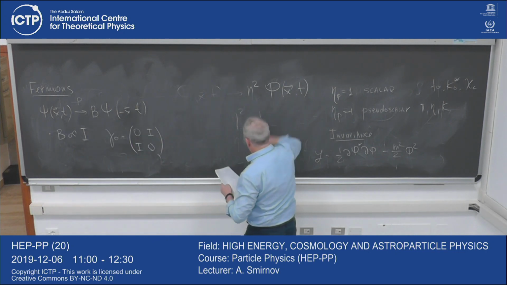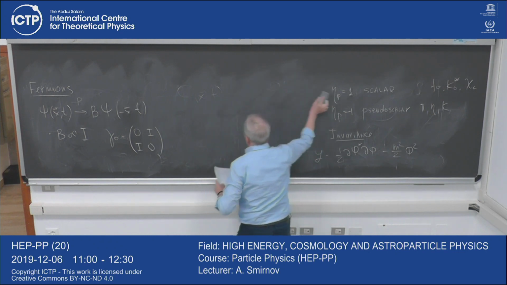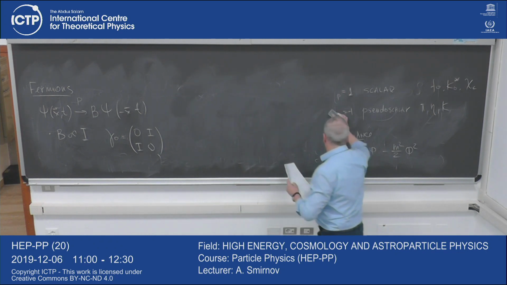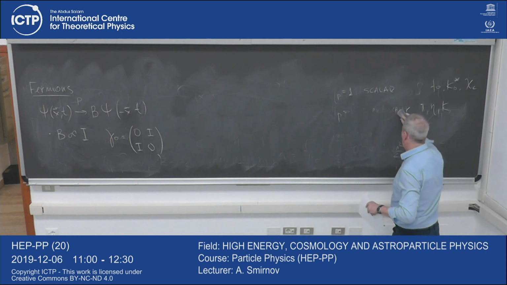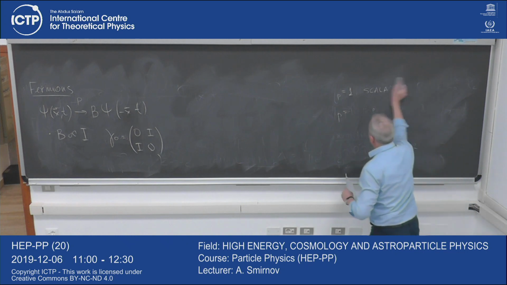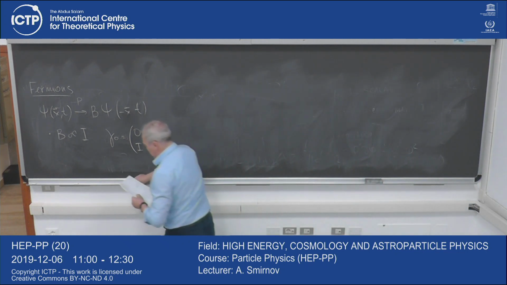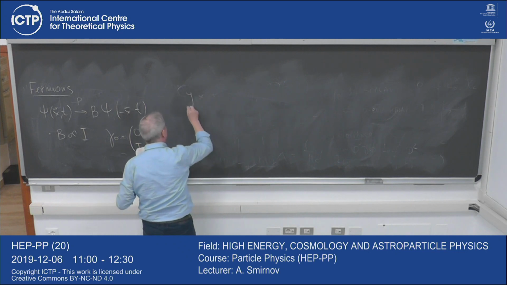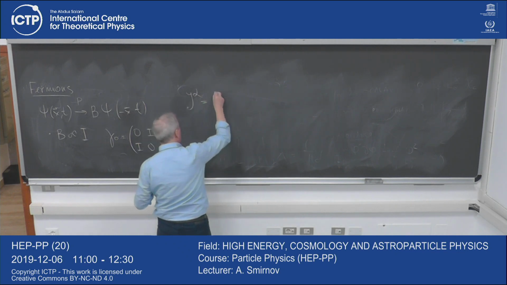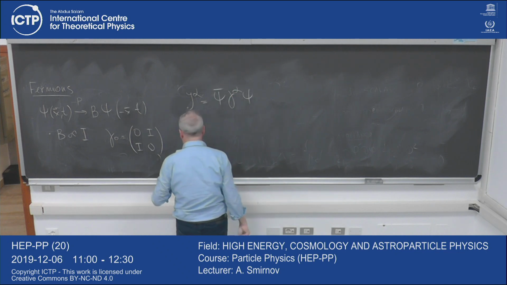And to fix them, again, we can use physics input, because we know how the current should change under P transformation. For spinors, the current is given by psi-bar gamma alpha psi.